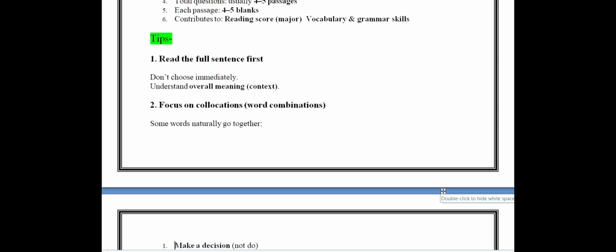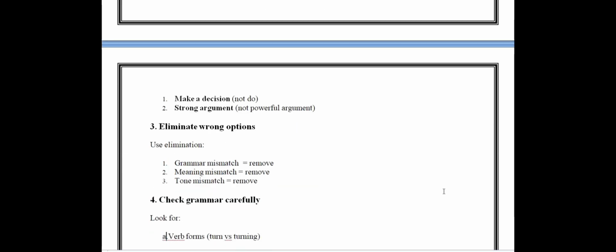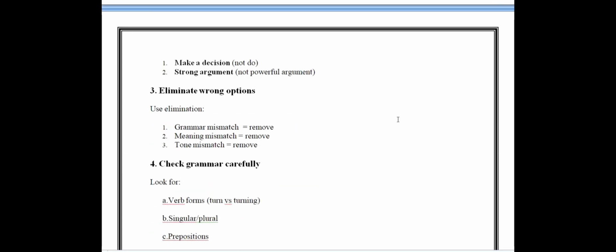Following this, focus on the collocations, the word combinations. Some words naturally go together. For example, you cannot say do a decision. It is make a decision, take a decision, implement a decision, execute a decision. There is nothing called do a decision.